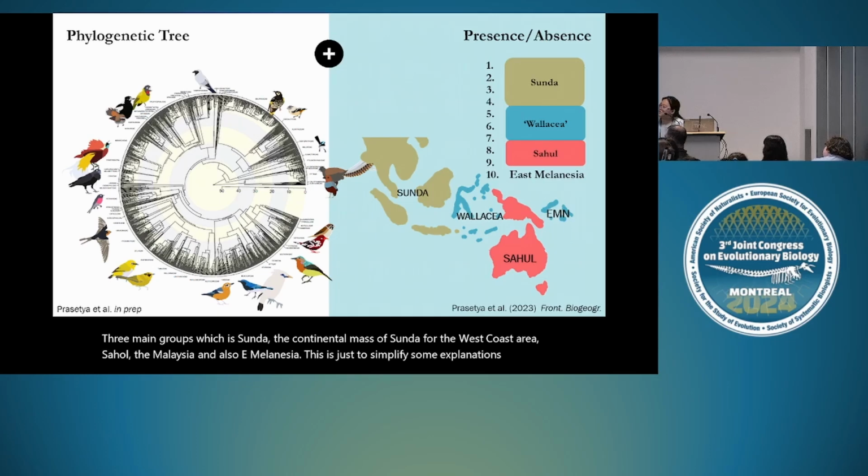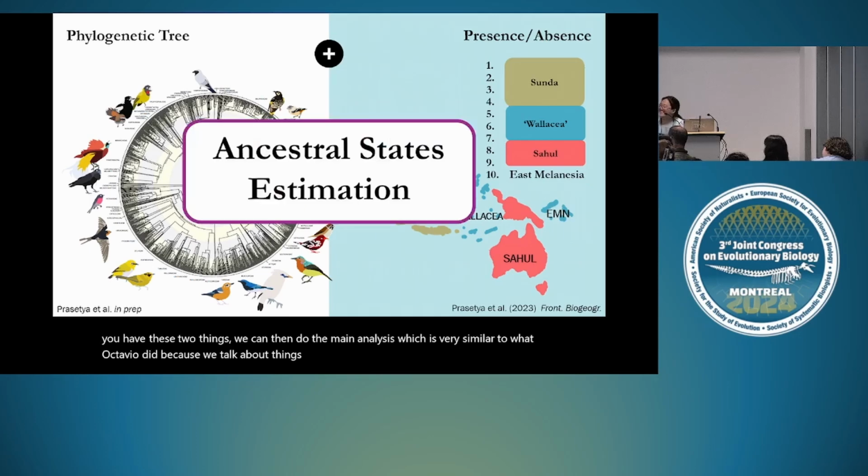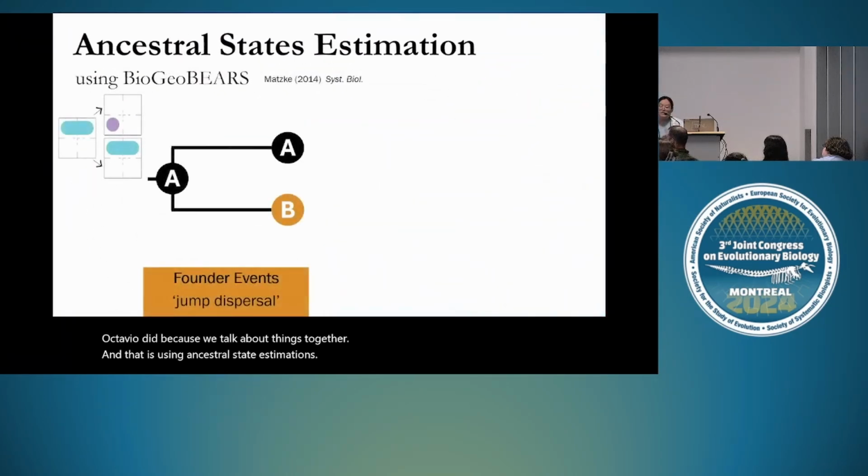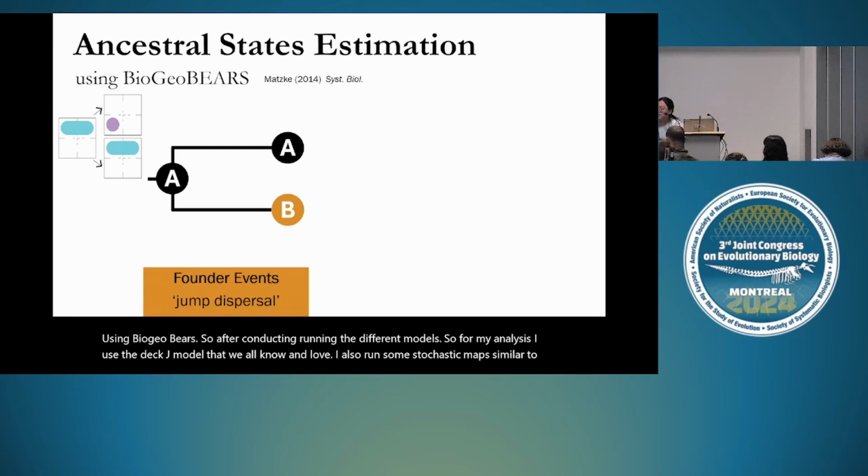When you have these two things, we can then do the main analyses, which is very similar to what Octavio did, because we talk about things together. That is using ancestral state estimation with BioGeoBEARS. After running the different models, for my analyses I used the DEC+J model that we all know and love. I also ran some stochastic maps, similar to Octavio, and for this talk I'm only using two different events that we identify.